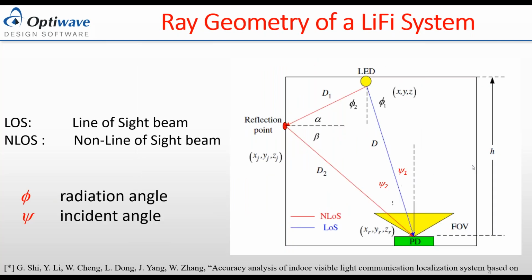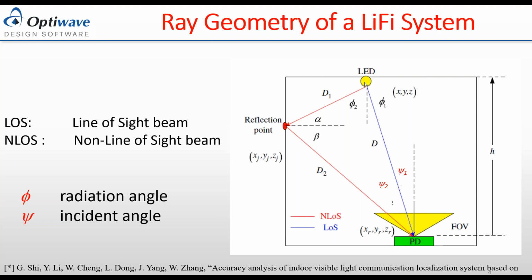The ray geometry of a LiFi system is depicted in this figure here, where we have a light source, which is an LED, and the receiver, which is a PD. The receiver has a field of view, which is described by this angle here.